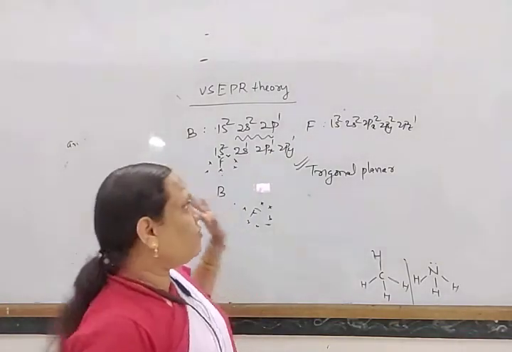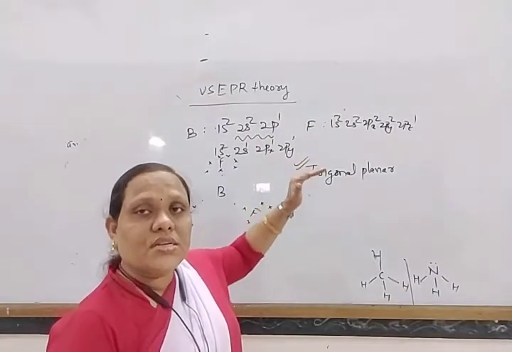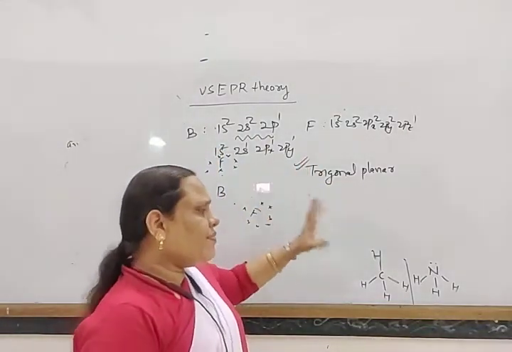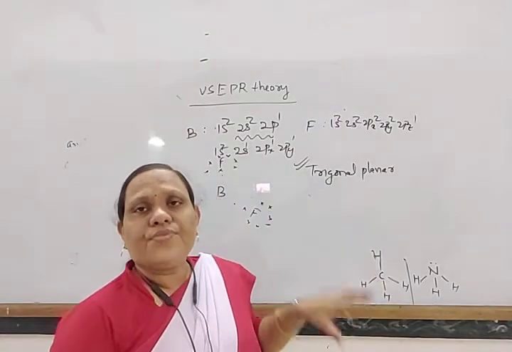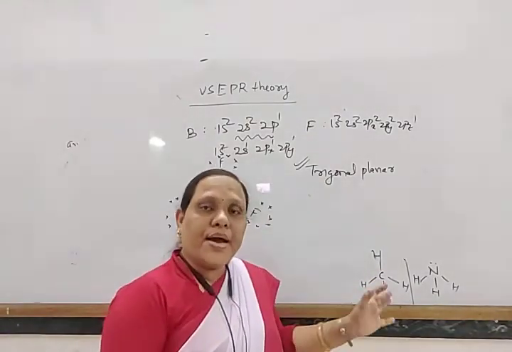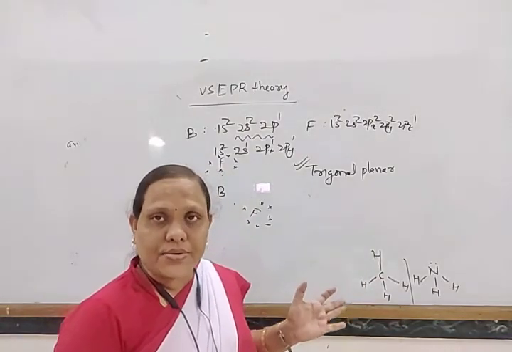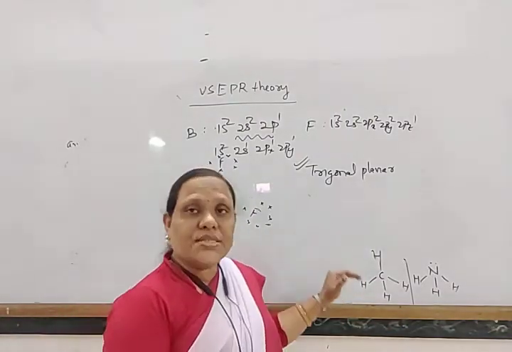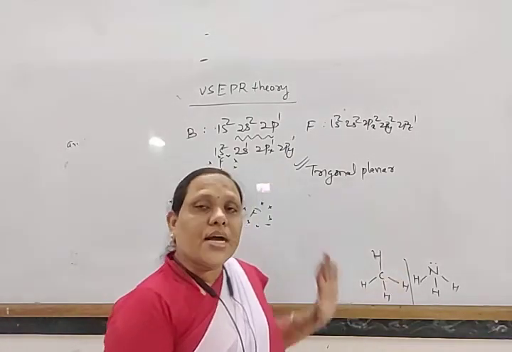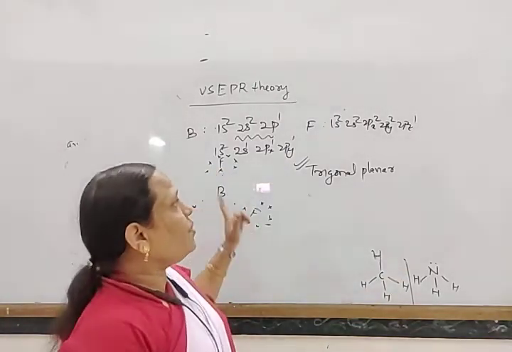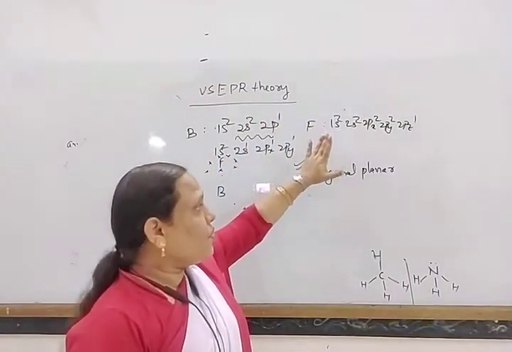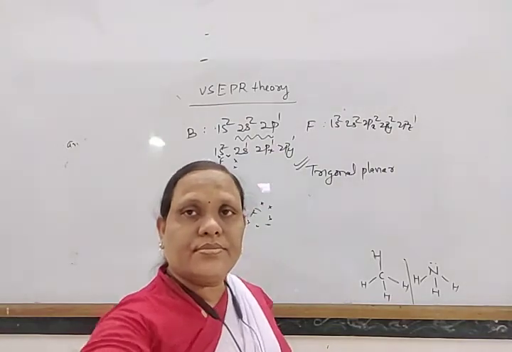I am going to give a chart so that you can easily find the expected structure and the actual structure, whether the atom is surrounded only by bond pair electrons, or by bond pairs as well as lone pair electrons.